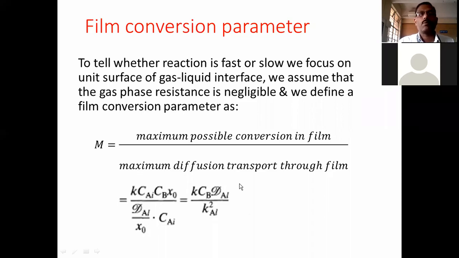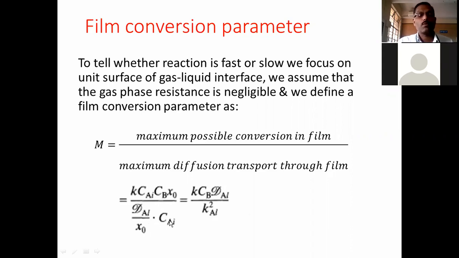And the maximum diffusion transport through the film is given by Fick's law. Suppose kL is the mass transfer coefficient, kL into Ci. But what is kL? It is DL upon X0, into Ci. So this is the maximum diffusion transport through the liquid film.